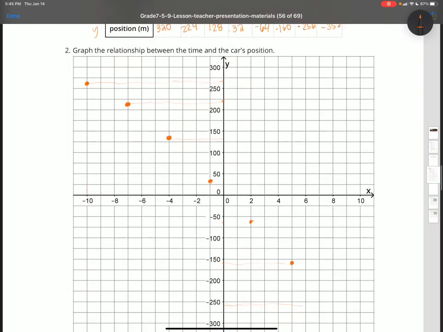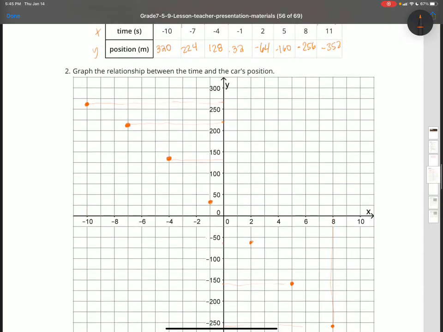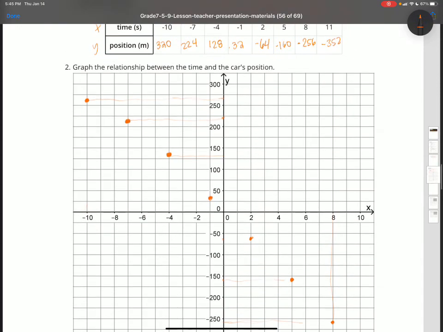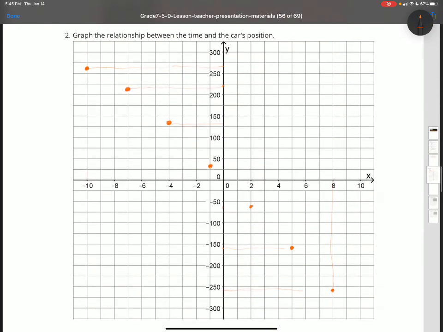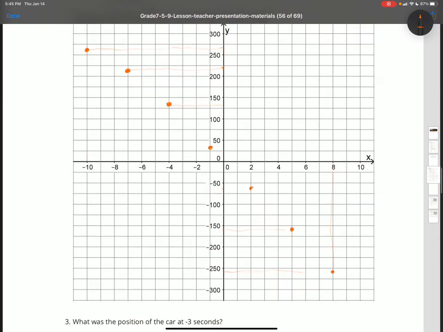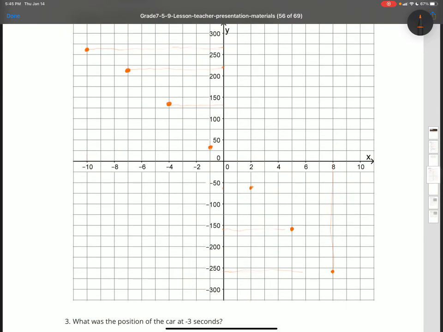That is for 8, so let me drop that down so I can remember, and that will fall right here. Then for 11, it'll be negative 352, which will be way past that, like way down here somewhere.